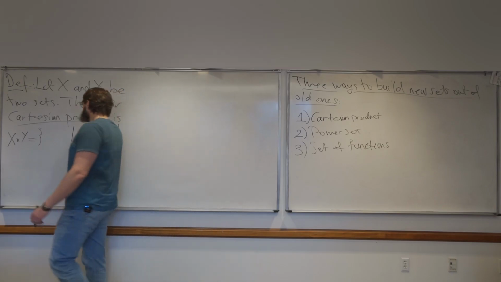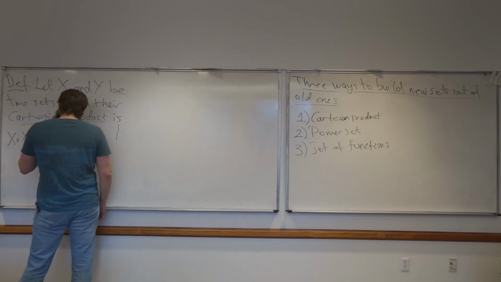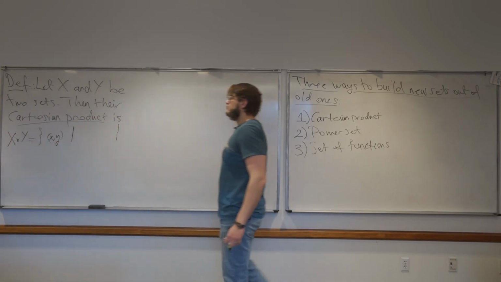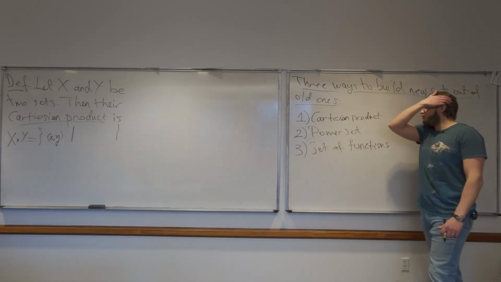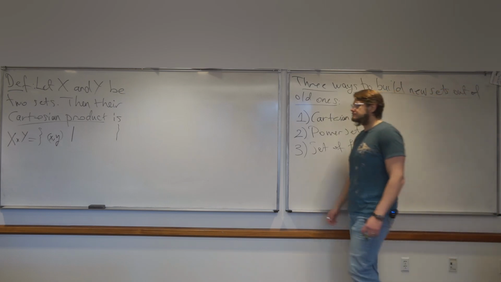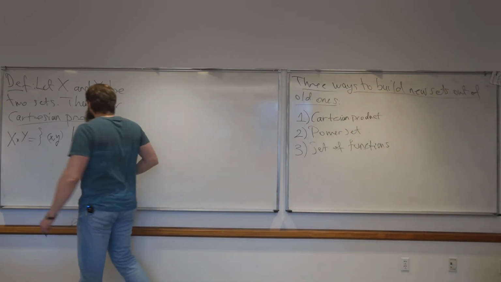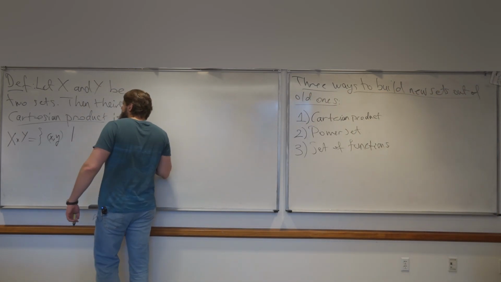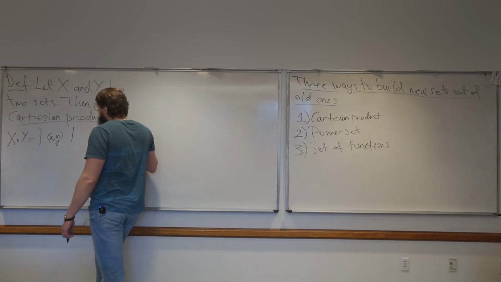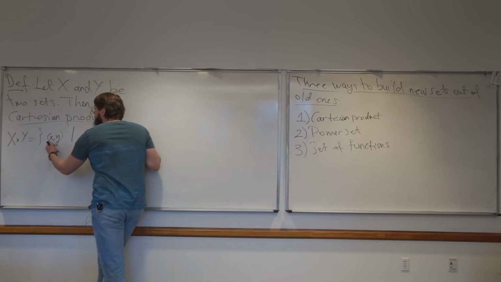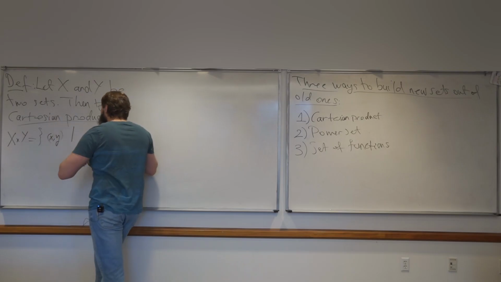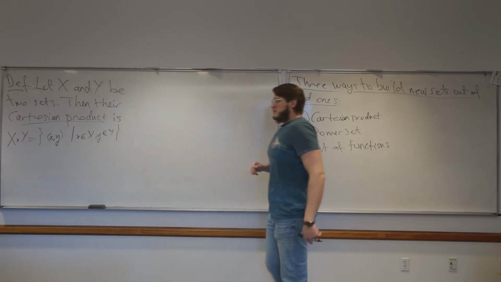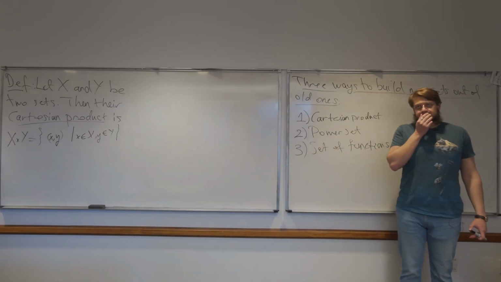So I'm saying this set is a set of things of this form. These are what are called ordered pairs or ordered tuples. That's just the general form. And on the right-hand side, I'm going to need to write down the conditions. And of course, what I want to say is x comes from x, y comes from y.